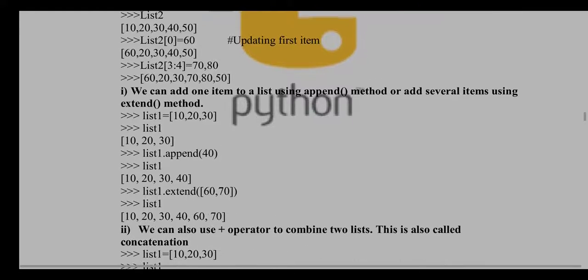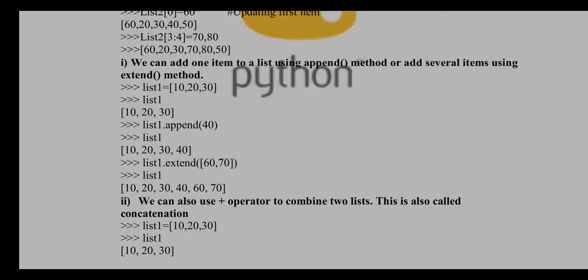Okay, you can use the append method to add an element in a list at the end position. You can use extend to add a series of elements in your list. So see both of these examples. In this example we have created list 1 with the elements 10, 20, 30.